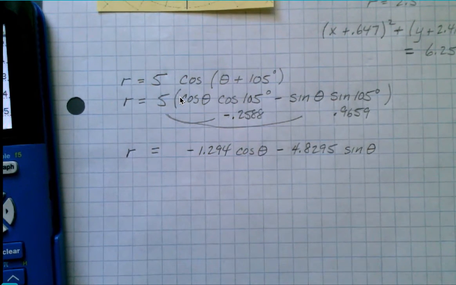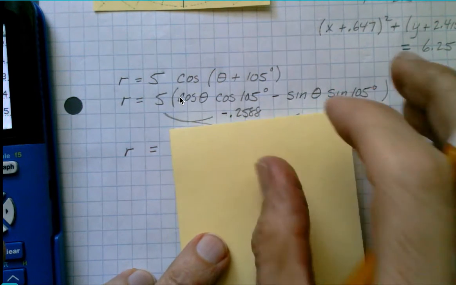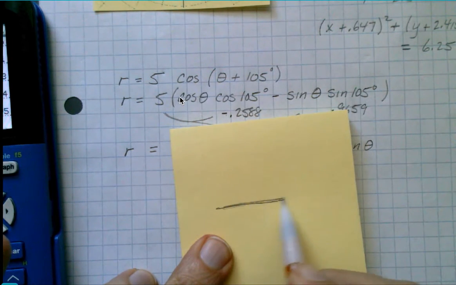And so at this point where you're kind of going, wow, what do we do? Again, we're trying to get rid of theta and r. It's that idea like, well, how do x, y, r, and theta all relate to each other? So you have to go back and recall.